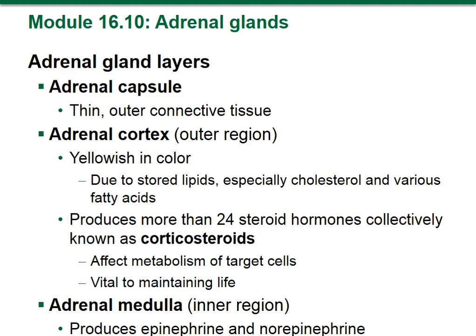It produces more than 24 steroid hormones, and we just refer to them as corticosteroids. They all affect your metabolism. They're important for maintaining life. And then the most inner region is called the inner adrenal medulla. And here's where you produce epinephrine and norepinephrine.